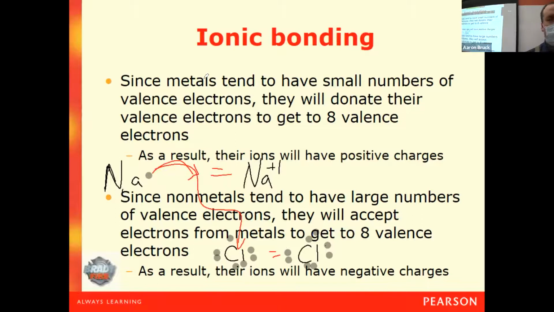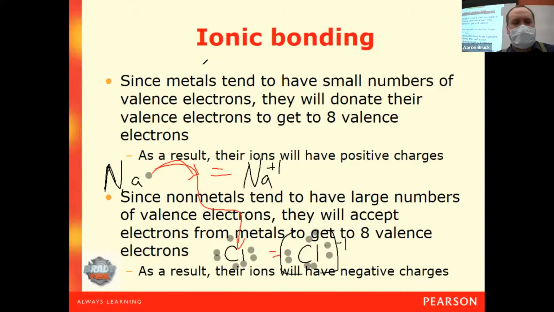And with that 8th electron, we went from 17 total electrons and 17 protons to now 18 electrons for those 17 protons. We have an extra negative there. We've got a -1 charge on that chlorine.